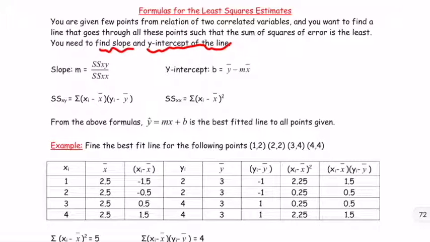And the denominator, SSxx, is equal to the summation of (xi minus x bar) squared. From the above formula, the y-intercept is b equals y bar minus x bar times the slope. Then y hat equals mx plus b is the best fitted line to all points given. Let's look at the example here.